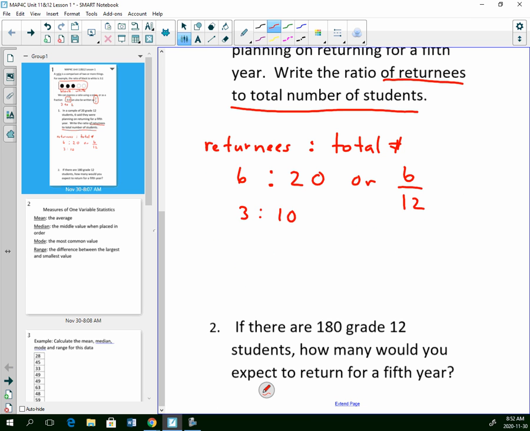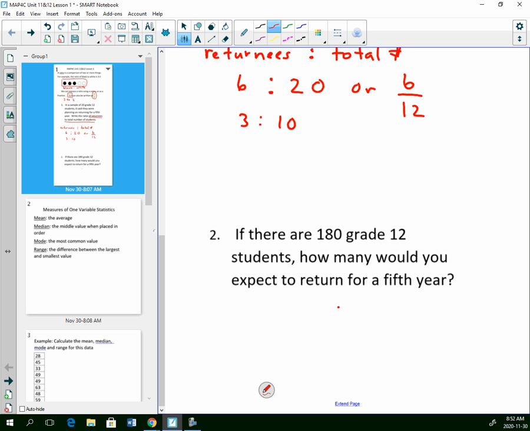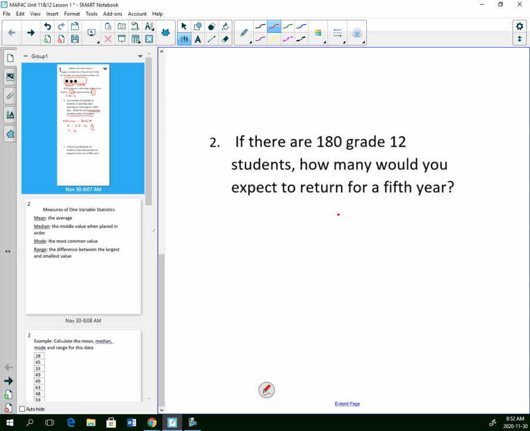If there were 180 grade 12 students, how many would you expect to return for a 5th year? So this is using ratios to solve. So the ratio that we know is that the returnees to the total was 6 returnees out of 20 students. Okay, and we want to compare that, so that is equal, and this should be in the same ratio. 180 is the total.